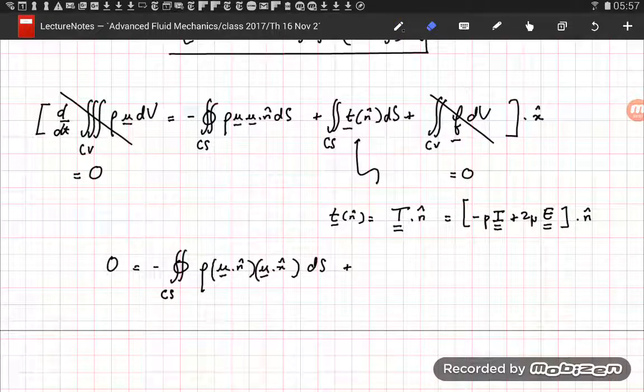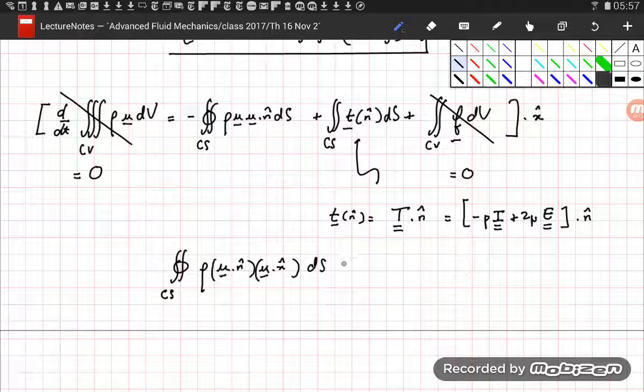And actually I'm going to put this on the left hand side. So this now is going to be equal to the double integral along the control surface of t, which is my stress vector, dotted with x, ds.